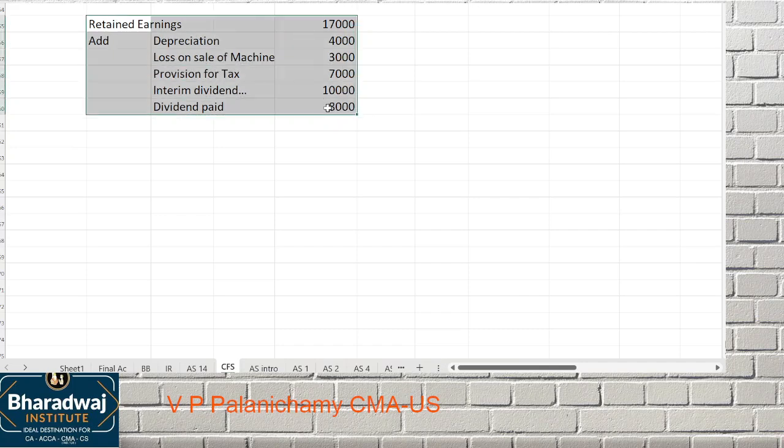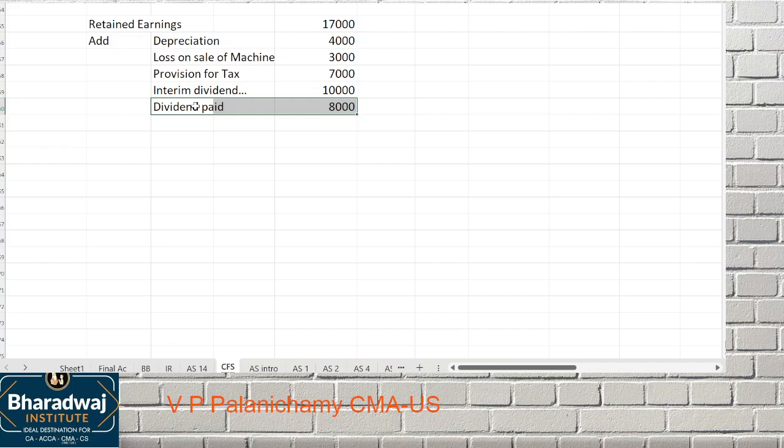Why are we adding back? As we gave in the previous year, proposed dividend opening and closing balance is not given in this question. Can't the proposed dividend be paid by conducting an extraordinary general body meeting? For interim dividend, the board of directors have the power to declare and pay.